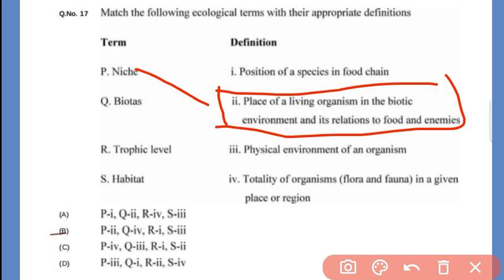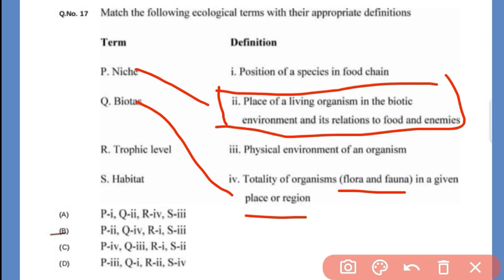Then the biota. The biota is the totality of organisms, or the totality of flora and fauna in a particular place or region. The biota comprises all living organisms, including bacteria, fungi, plants, and animals that inhabit a given area.